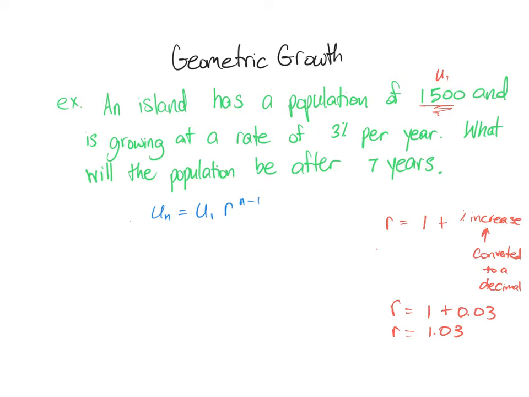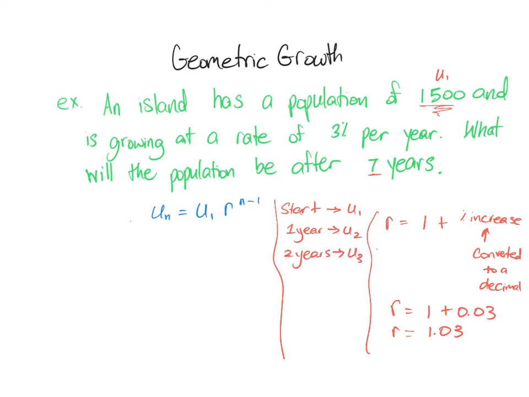So you may be tempted to say n is 7 years, but it's not. Think about it. Let's make a little side note right here. At the start we have our first term. After 1 year, we actually have our second term. After 2 years, we actually have our third term.